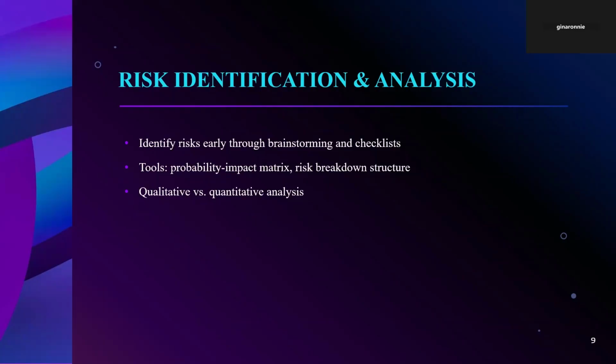So risk management essentially starts with early identification through tools like simply brainstorming, checklists, and risk breakdown structures. We then analyze risks using qualitative techniques such as probability impact matrices, or quantitative methods for high priority risks. This process helps determine which risks need immediate development of response strategies.